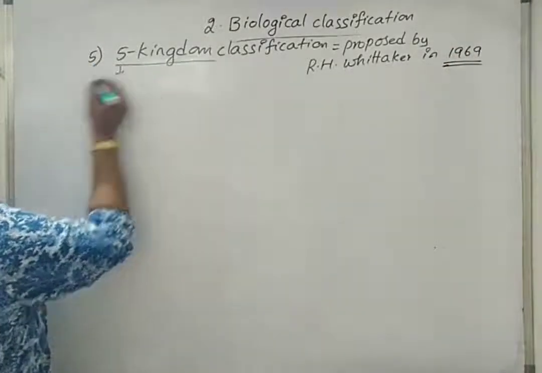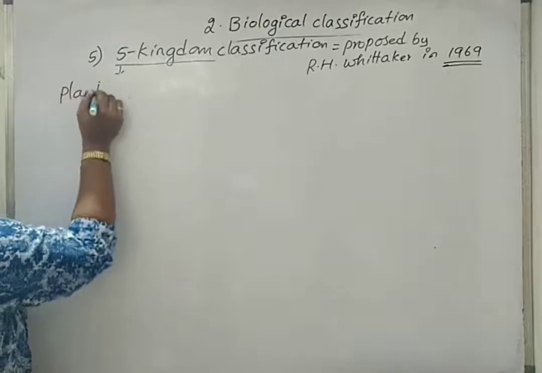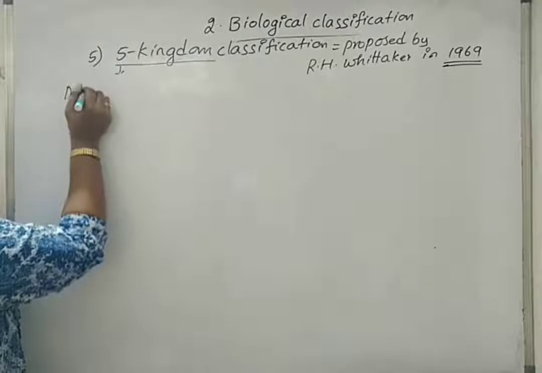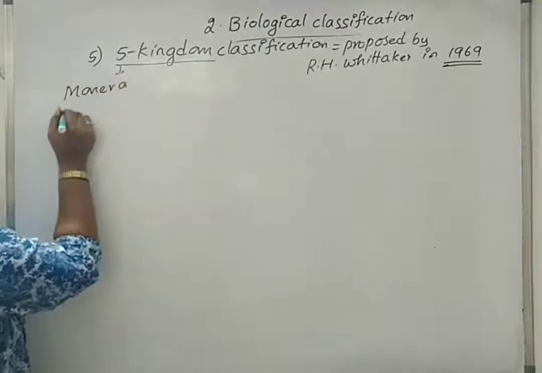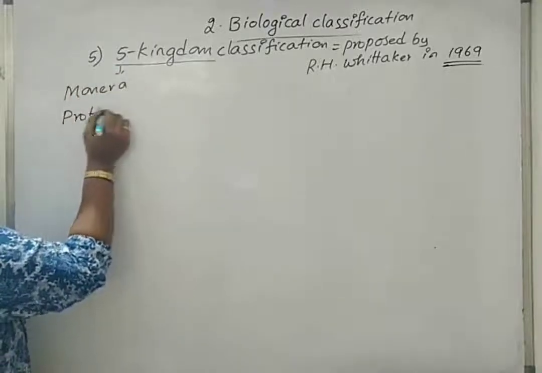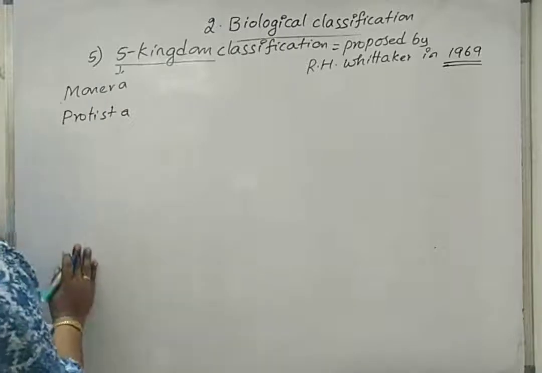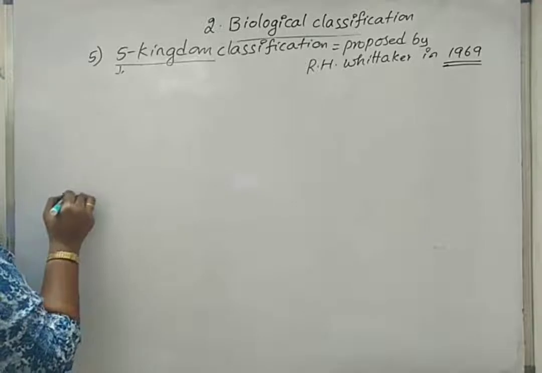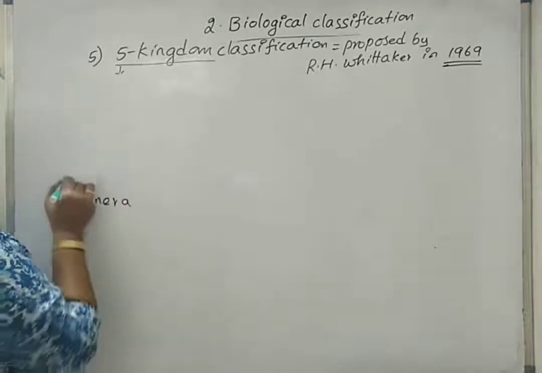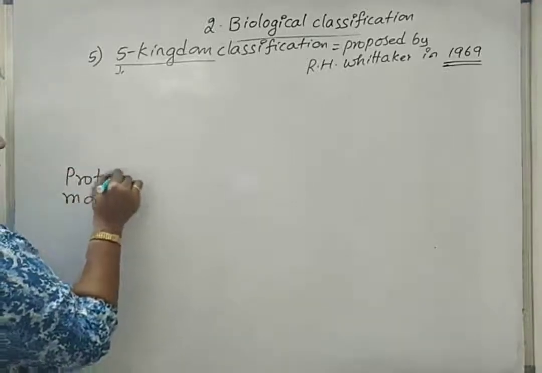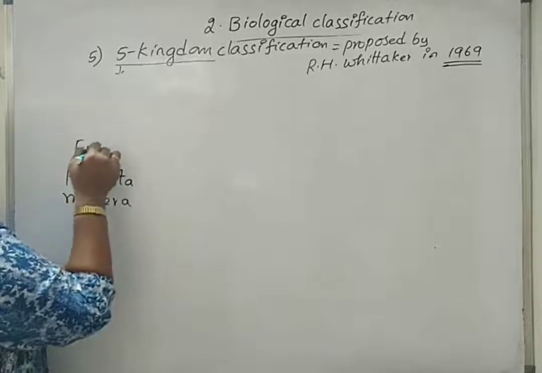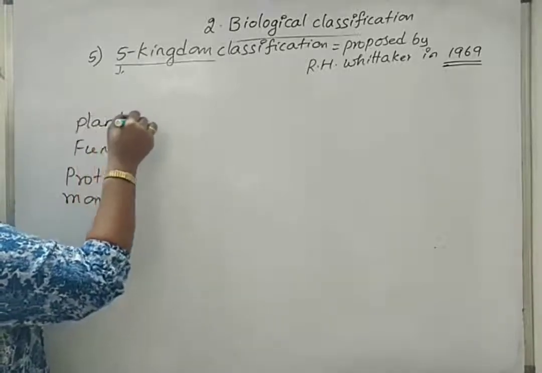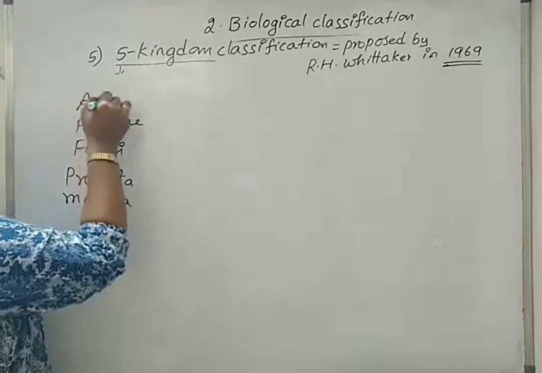What are five kingdoms? So we will write according to hierarchy. Hierarchy we should increase, no? So first one, Monera, Protista, fungi, plantae, animalia.